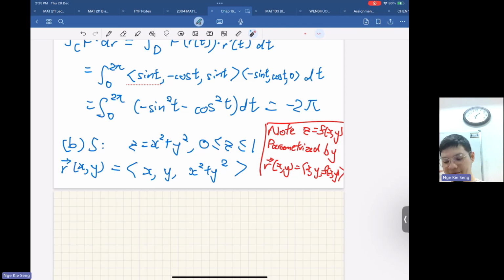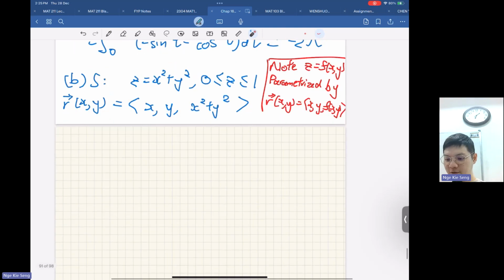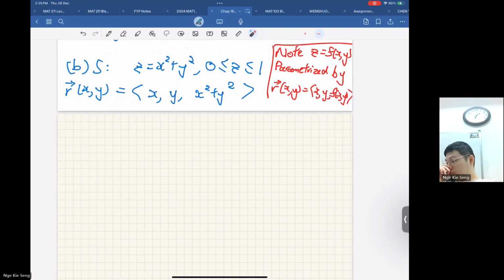Remember what you need for the flux computation? You need to dot with the normal vector. So what's the normal vector here? You need to compute Rx cross Ry.